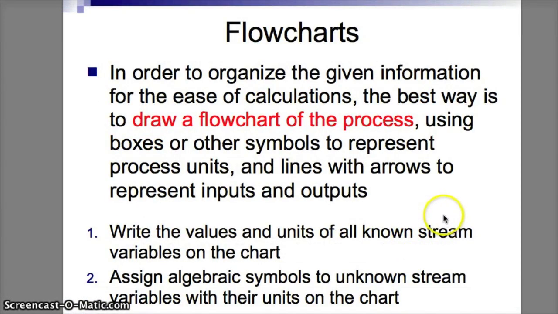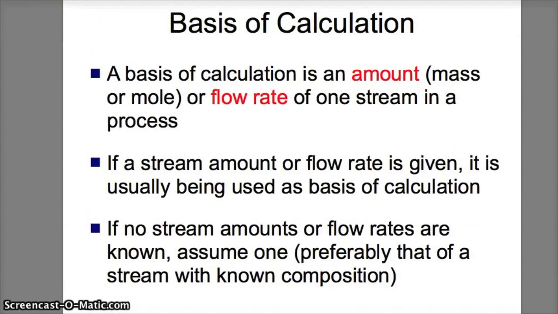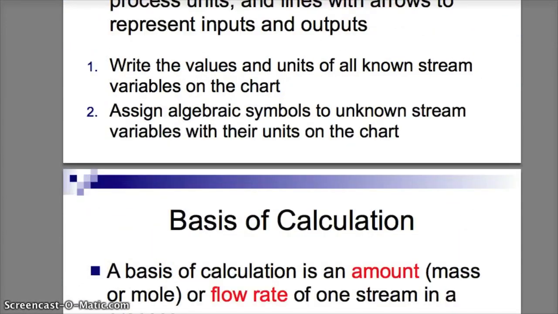Now let's look at the two important things that need to be done to solve a mass balance equation. The first is the flowchart, and the second is the basis of calculation.